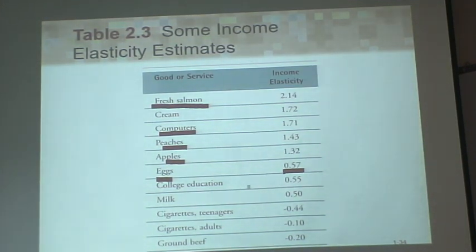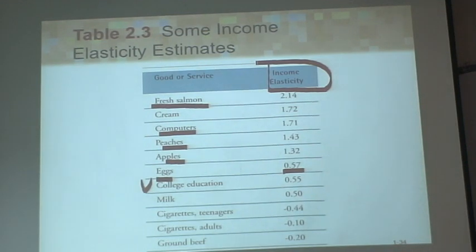Okay, let me check this. Look at this, right? College education, the income elasticity is 0.55. What does that mean? This is income elasticity. It is positive, right? So it is still a normal good.